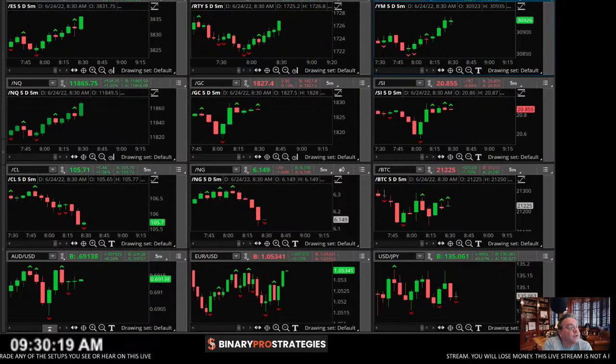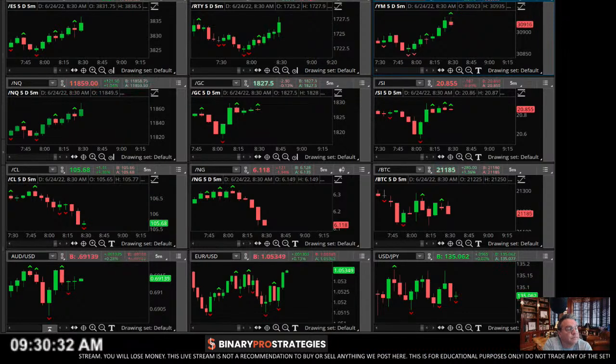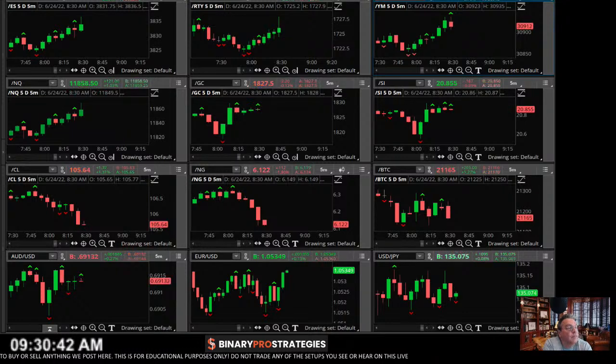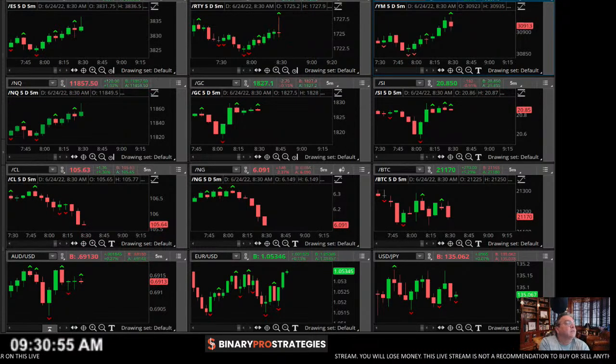That is going to be our profit target, 105.15. And if we need to reverse before hitting target, we're going to reverse at 106.65. All right, short crude, looking for a target of 105.15.